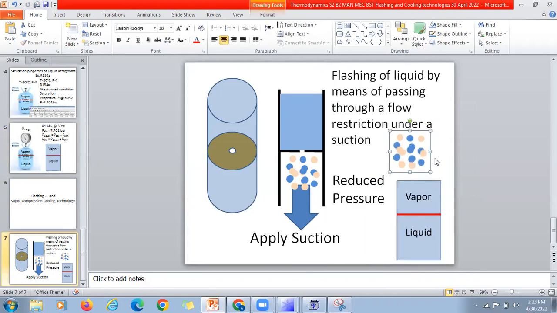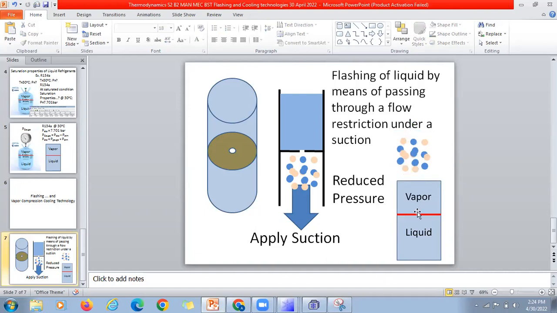Vapor and liquid under the same pressure. So let's say now reduce pressure.